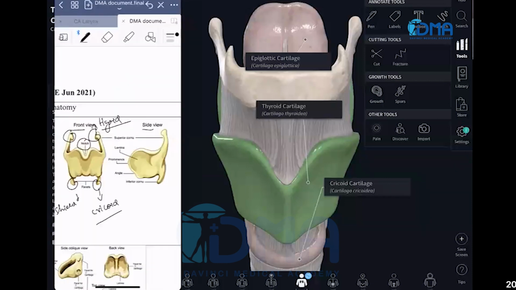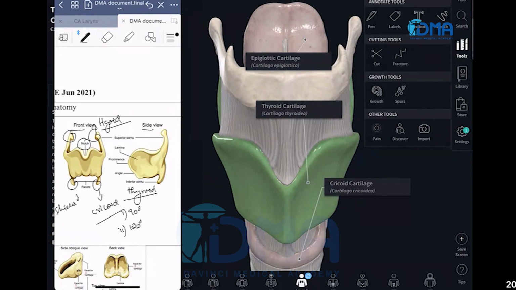If there is an angle called thyroid angle, I'll give you two angles. Number one is 90-degree angle. Number two is 120-degree angle. So 90-degree will be for males. Why? Because males are having prominent thyroid cartilage, that is Adam's apple.